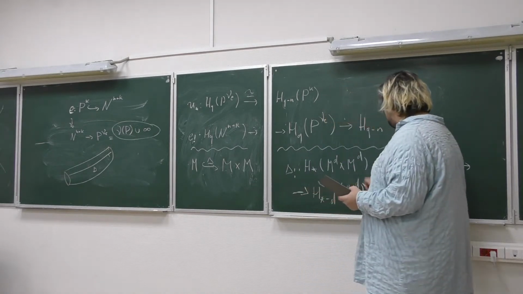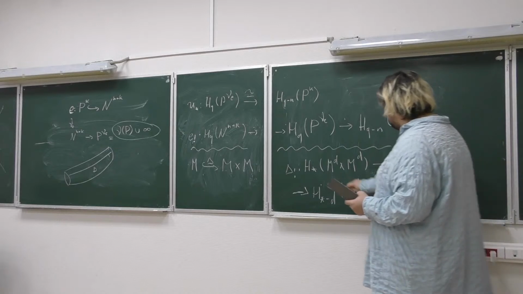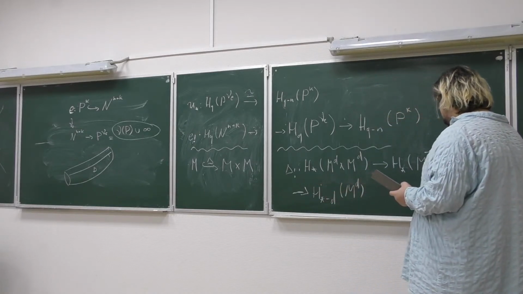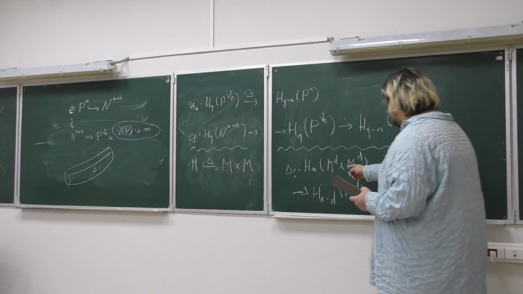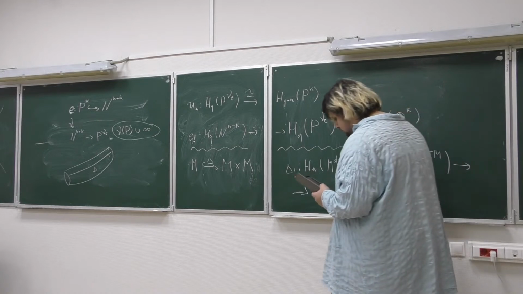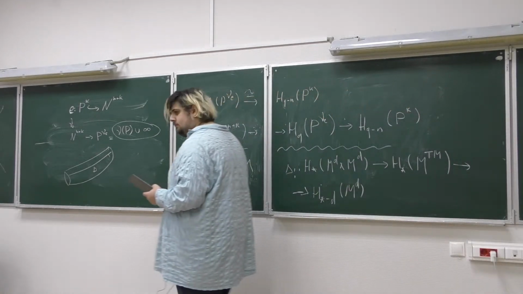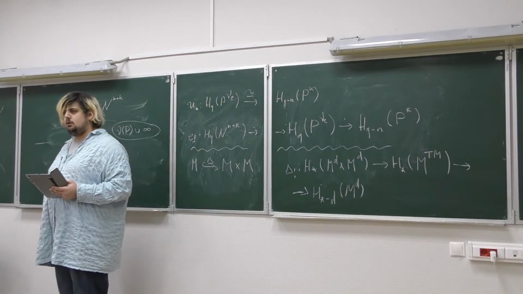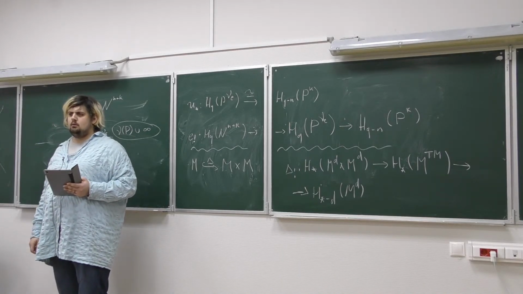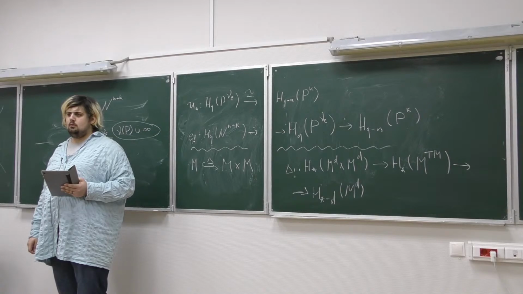So this is precisely an intersection pairing. We take two cycles here and we just intersect them with each other, and this gives us this multiplication on homology. Part of the content of this Thom isomorphism theorem is that if you do this, you get the same thing you would get by just playing around with Poincare duality.